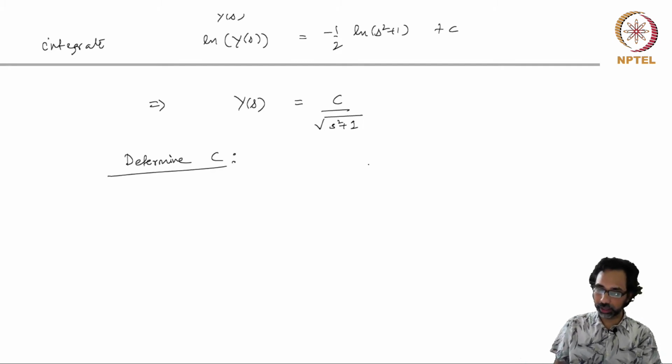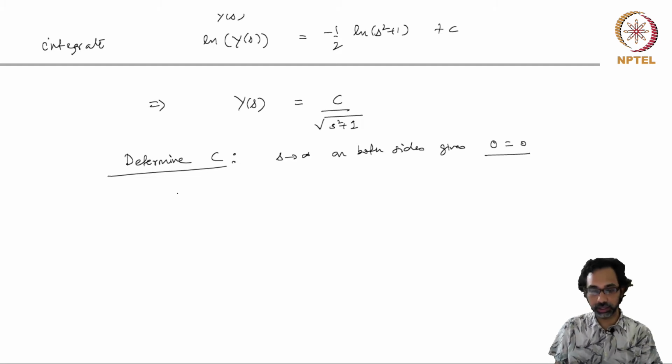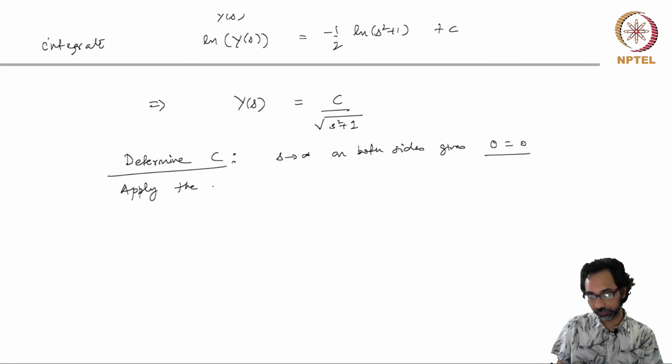If we take the limit as s tends to infinity on both sides, it gives 0 equals 0, so you don't get anything, but we can still apply the initial value theorem.